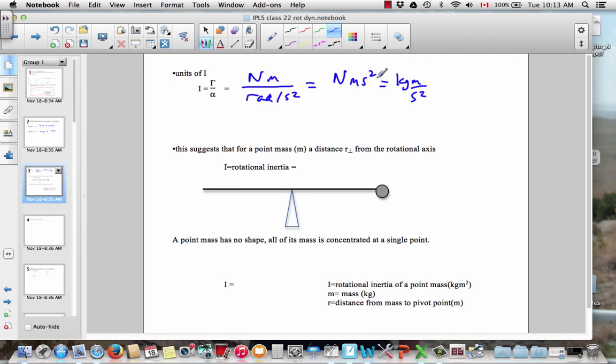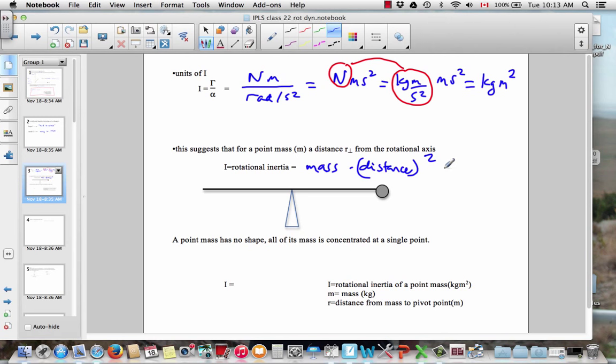I'll just show the substitution here. So this part here is Newton, and it remains to multiply that by meters second squared. Clearly, the second squared part cancels, and we find the units for moment of inertia or rotational inertia are kilograms times meters squared, which suggests that a rotational inertia is a mass times a distance squared.